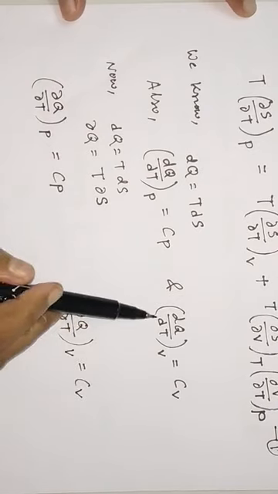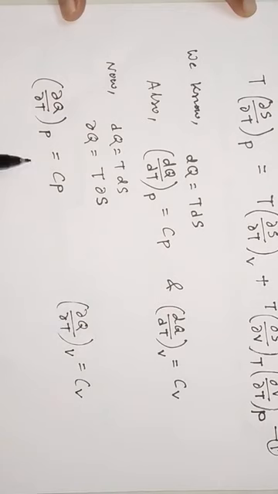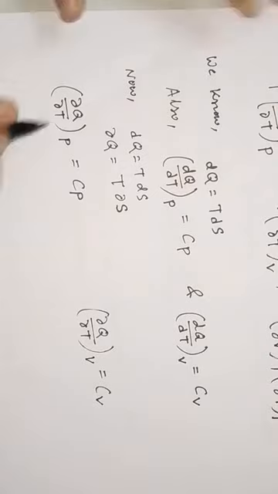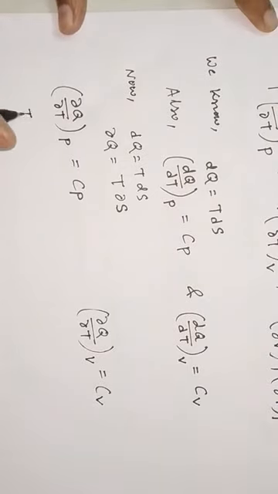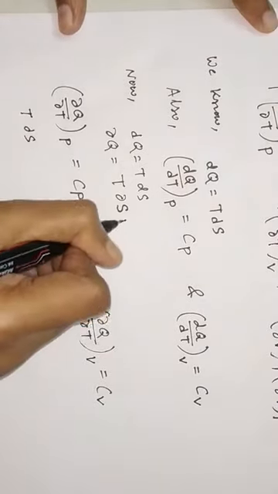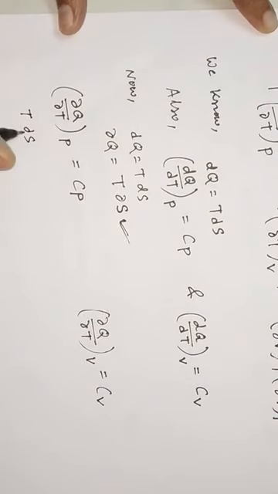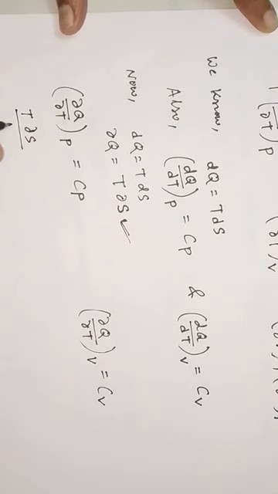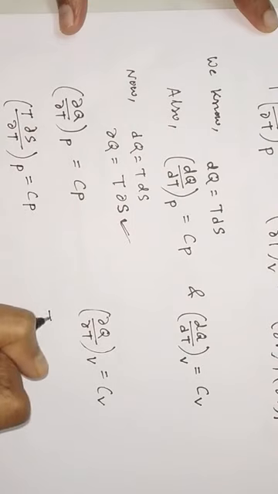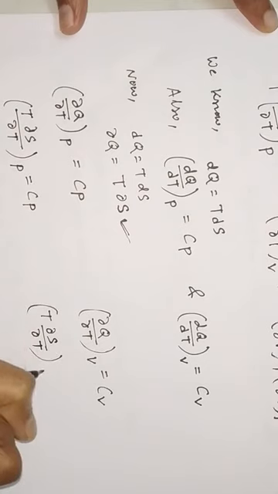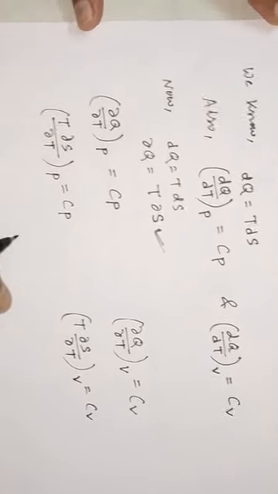Instead of dq dt I am writing del q del T. Okay, so now we can replace del q by T del S from this relation. So T del S by del T at constant P is Cp and T del S by del T at constant V is Cv.